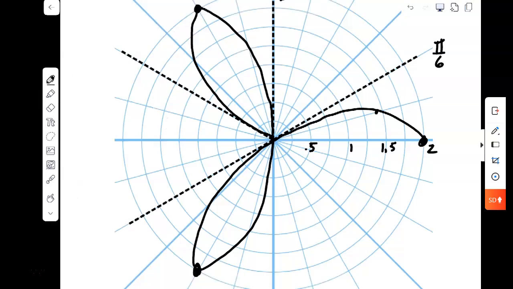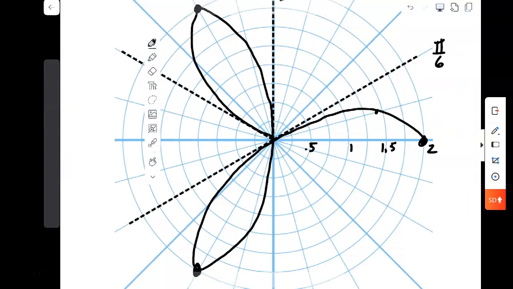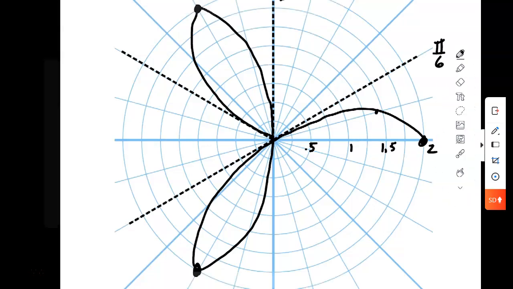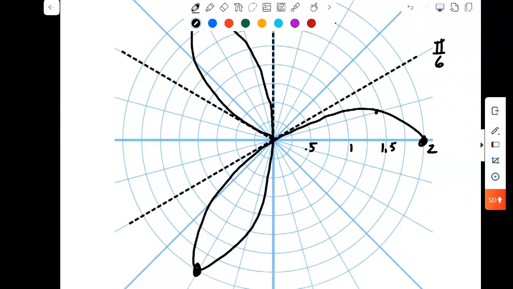I'm going to draw in another, get back here. My gosh, my thing just doesn't want to behave today. So let me get another dashed line in here so I can mark this for you. Okay. So it's going to be coming out from that dashed line.